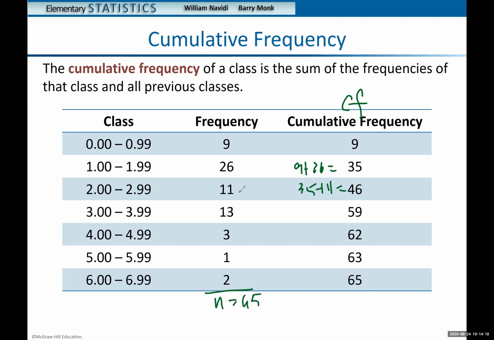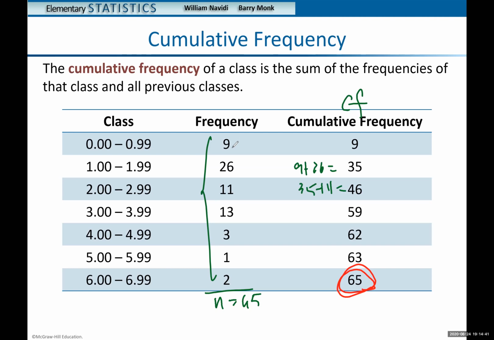Since we're talking about the 65 vehicles here, your total N is 65, or when you add these numbers it is 65, right? So your very last number here should equal your N. If this number is not equal to this, there's something wrong with your addition, so do it again.